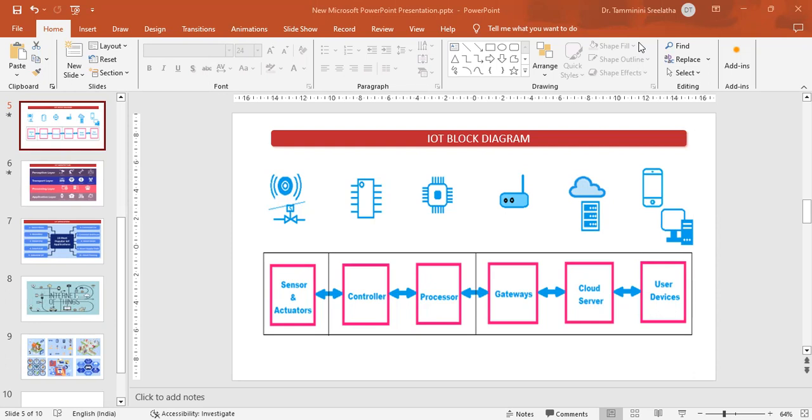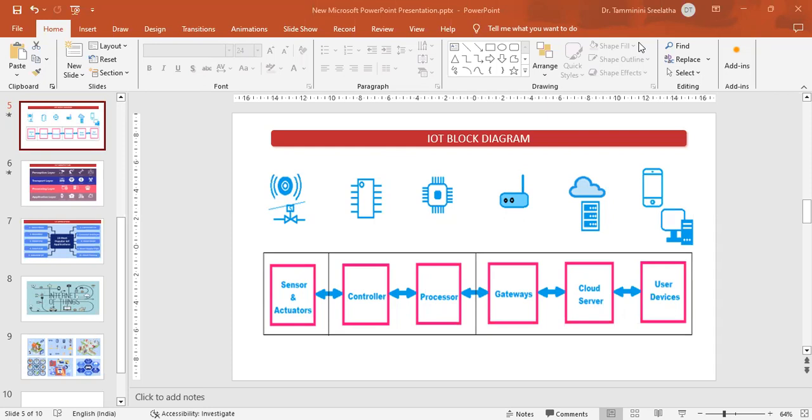Next, coming to an actuator. It is a device which makes the physical changes when it receives an input signal from the sensor. Actually, the sensor output will be an input to the actuator. By taking that particular input, the actuator will perform the action related to the sensor.